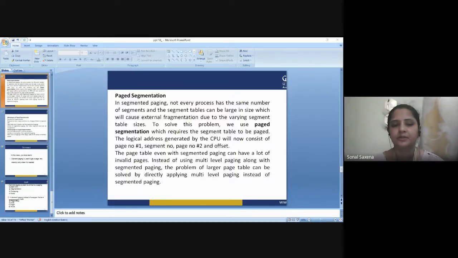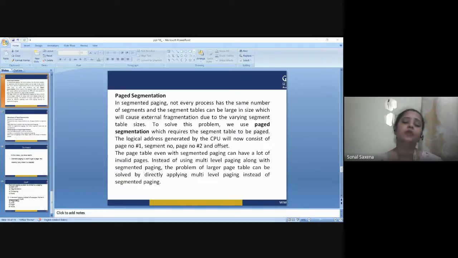Third, the segment table has only one entry corresponding to one actual segment. Then external fragmentation is not there. It overcomes the problem of external fragmentation which occurred in segmentation. And it simplifies the memory allocation. So these are the advantages of segmented paging.